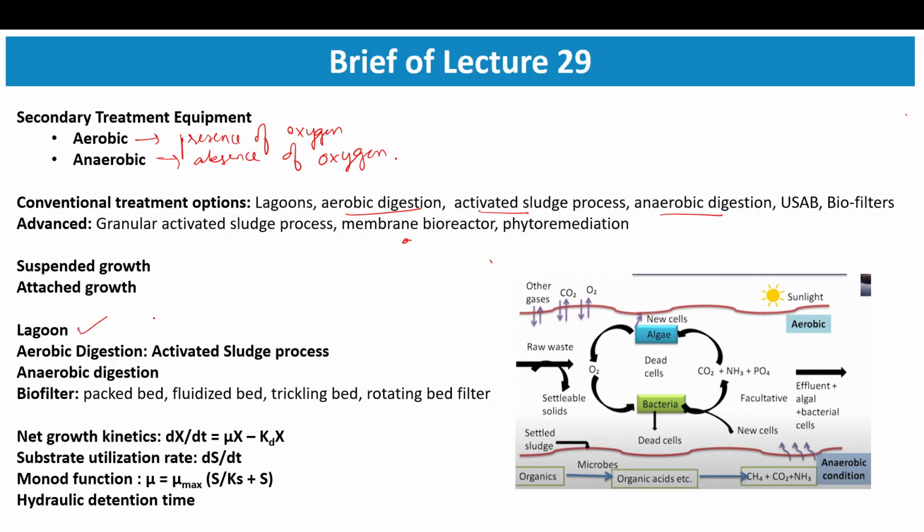Let's see lagoons. In lagoons, you can have degradation of organics where you might or might not provide external aeration.